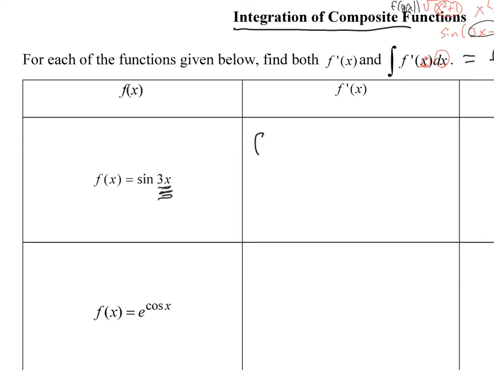So f prime of x in this case would be the derivative of the inside function times the derivative of the whole thing. So we did it this way. We did derivative of sine is cosine. We kept the argument. And now I do the derivative of the argument, times 3.